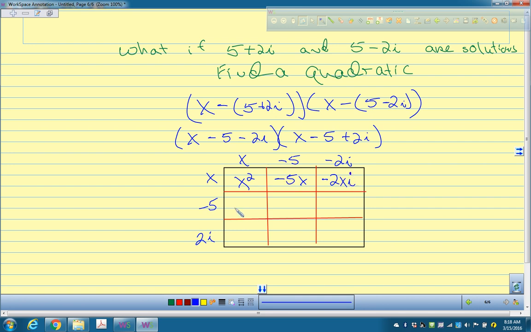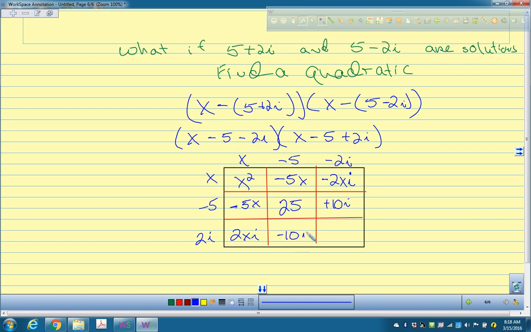What goes here? Minus 5x. What goes here? 25, right? Negative 5 times negative 5. What goes here? Plus 10i. What goes down here? 2xi again, right?